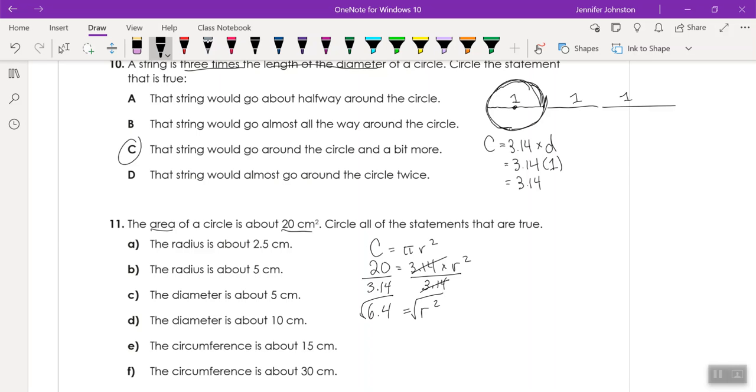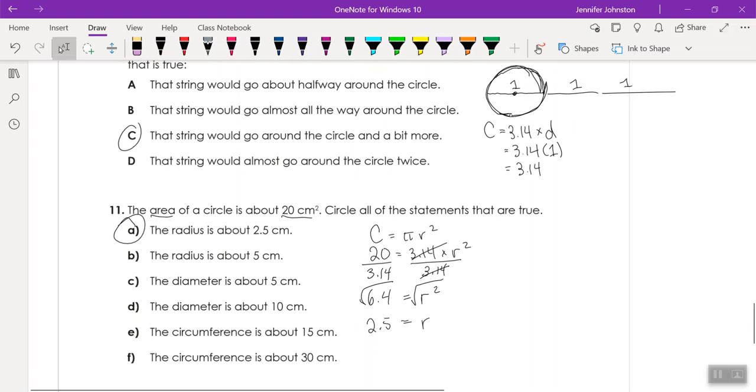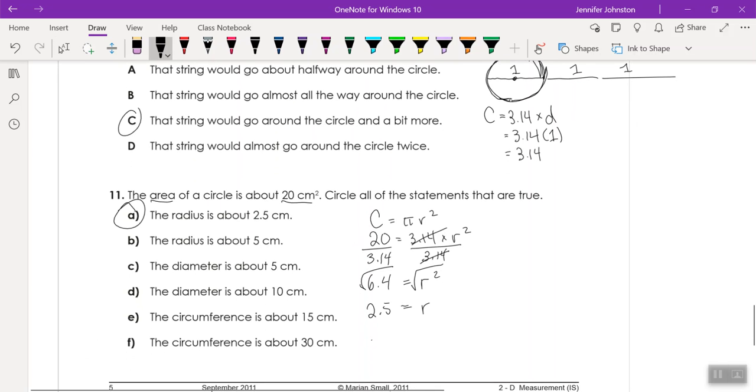So the square root of 6.4 is 2.5. So our radius is about 2.5. What would the diameter be if the radius is 2.5? And remember that the diameter is 2 times the radius. So 2 times 2.5, so double 2.5, that gives us 5.